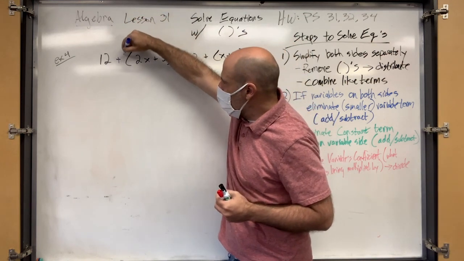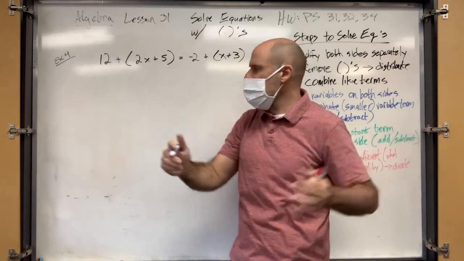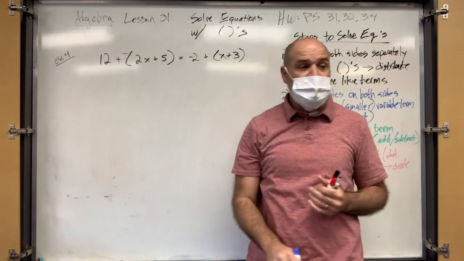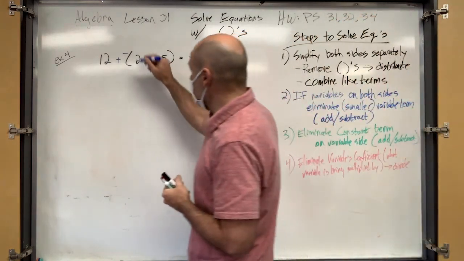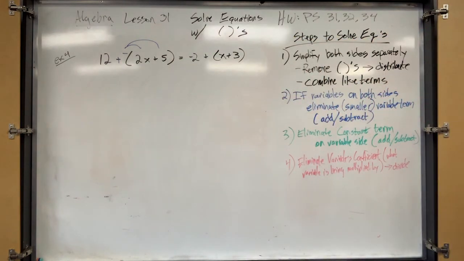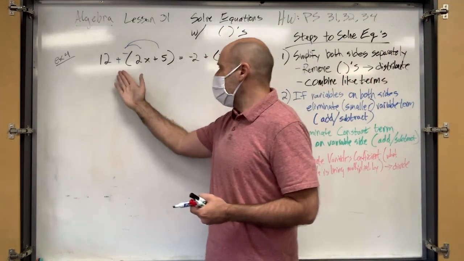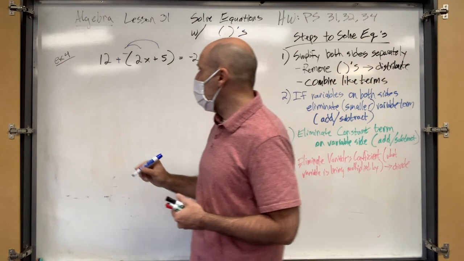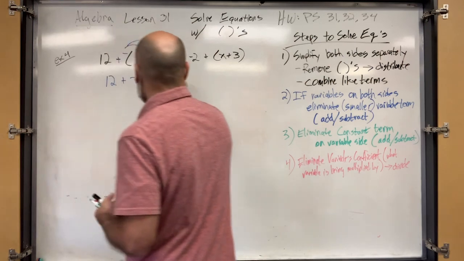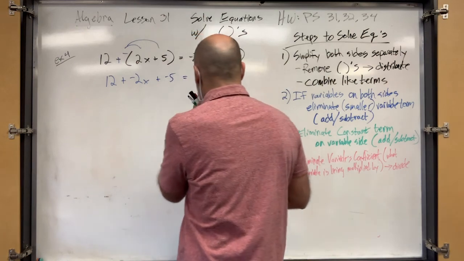Yeah, so remember when you chicken scratch, you can turn any subtraction into addition as long as you change the sign of the next thing. So the next thing is a parenthesis. So see how now I'm going to distribute that negative to both things in the parenthesis. That's one way to do it. If in your mind you can keep track of, okay, I'm subtracting everything in this parenthesis, so this is a 12 plus negative 2x plus negative 5, that's fine.